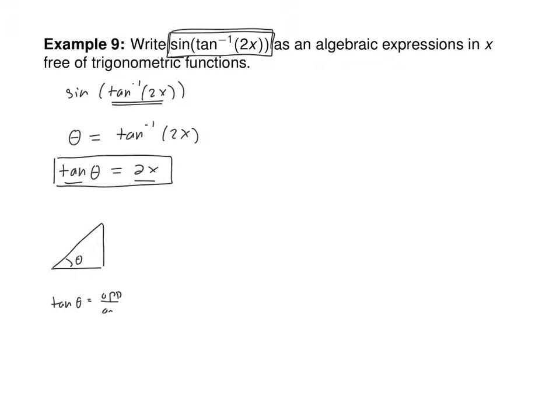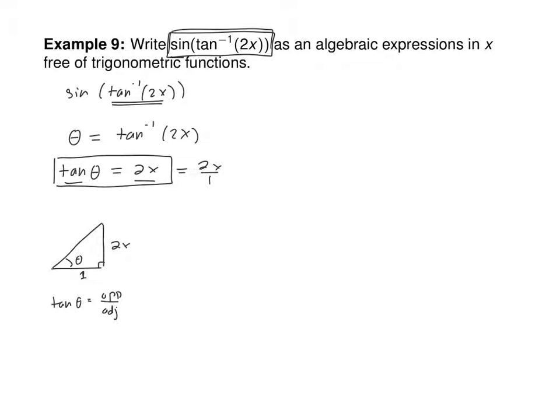Opposite over adjacent. And it's not immediately obvious how that's helpful, but 2x is the same thing as 2x over 1, isn't it? So that means that the side opposite that angle is 2x. The side adjacent to that angle is 1. And this is a right triangle, so you can use your very, very favorite theorem to find the other side.